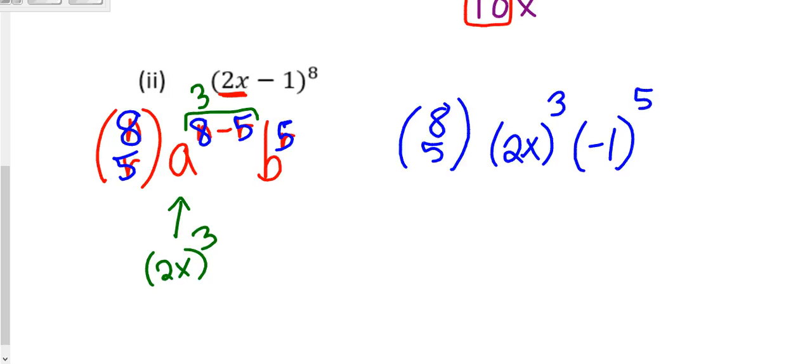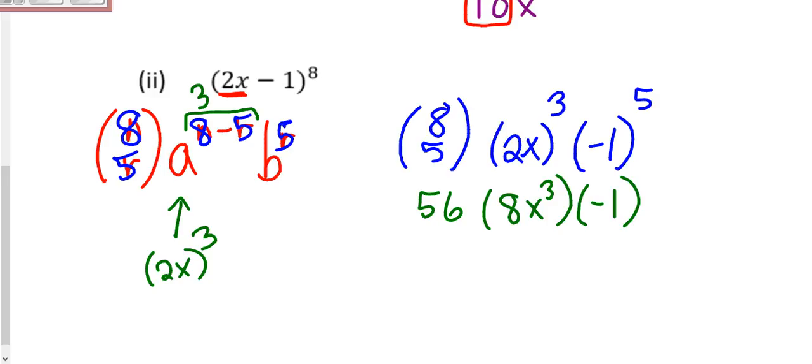So in our calculator, we'll do 8 choose 5, which is 56. 2 cubed is 8. 2 times 2 is 4 times 2 is 8. So we have 8x cubed. -1 to the 5th. So negatives to an odd power are going to stay negative. So that is -1.